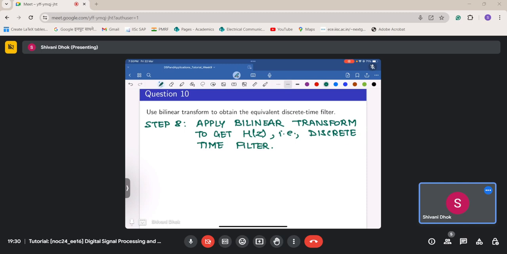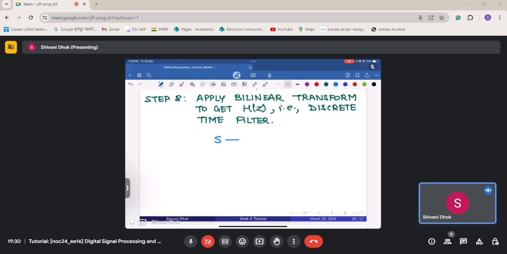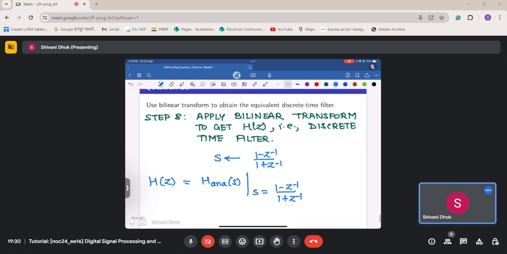So what does bilinear transform say? We need to replace this S by 1 minus Z inverse upon 1 plus Z inverse. That is, this H of Z is basically equal to H analog of S, but now this has to be evaluated at 1 minus Z inverse upon 1 plus Z inverse.